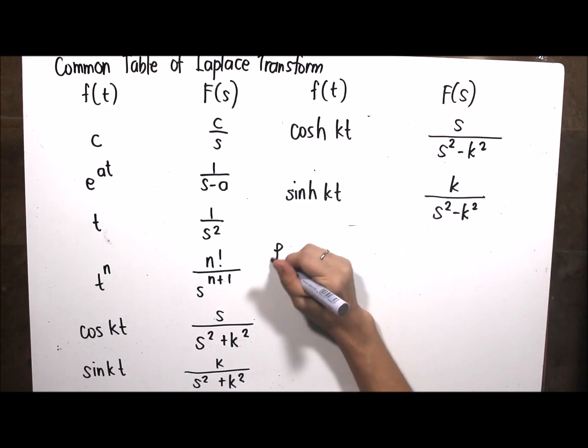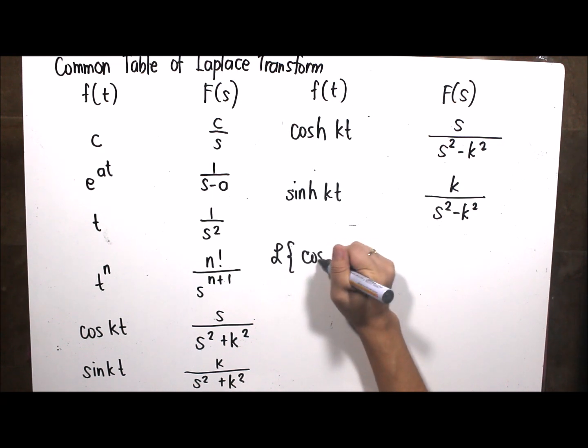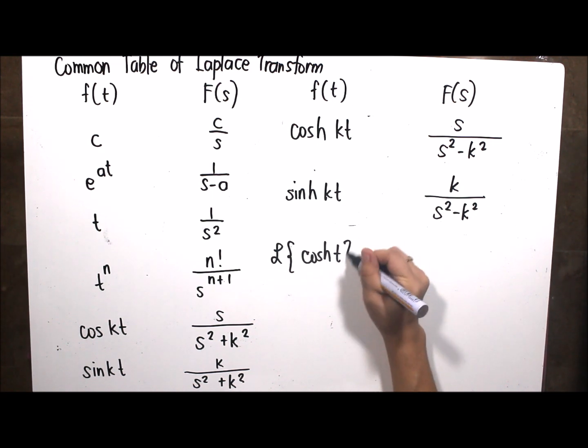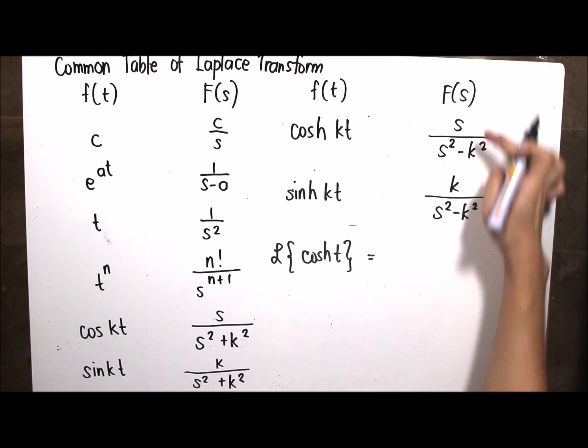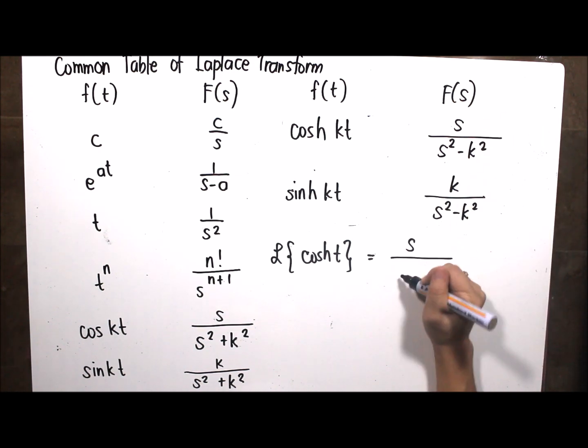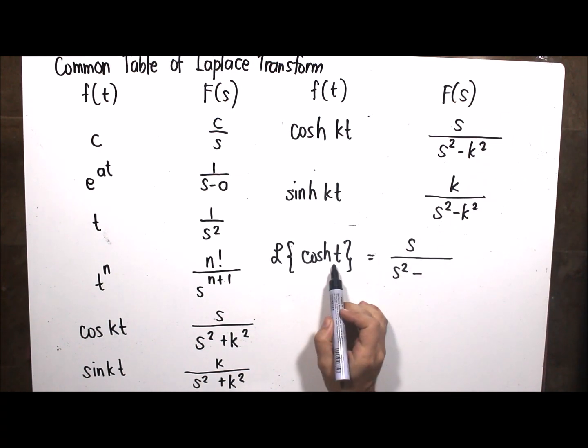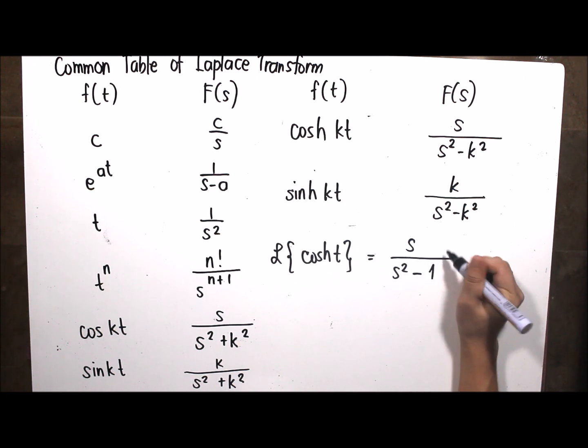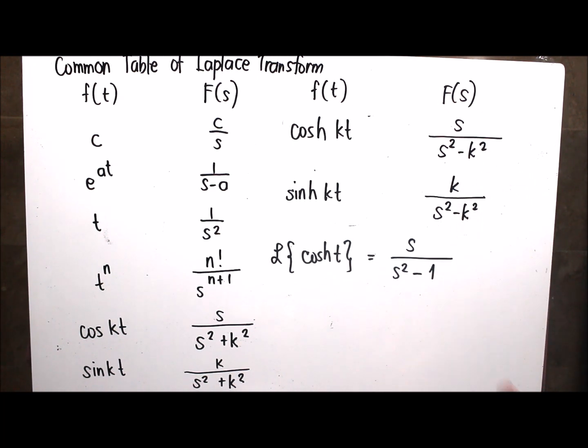So if we are asked for the Laplace transform of hyperbolic cosine t, that would be s all over s squared minus the coefficient of t, which is 1. So 1 squared is still 1.